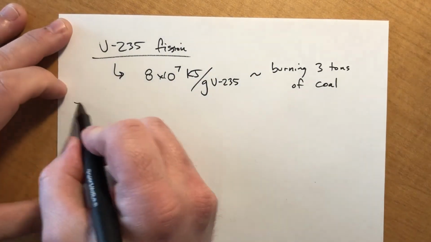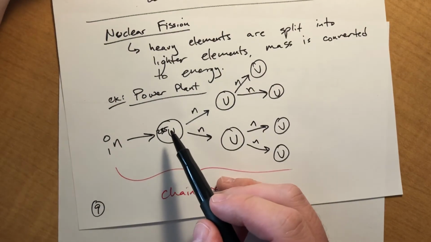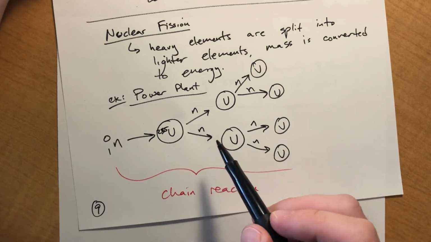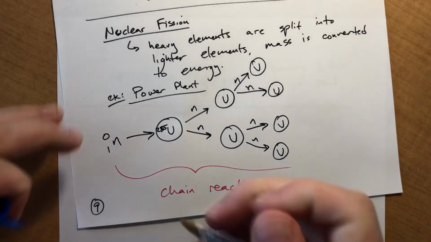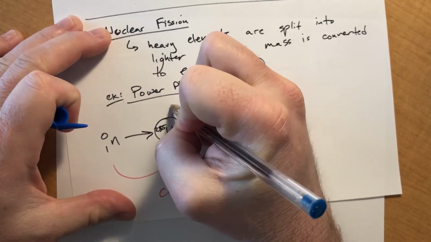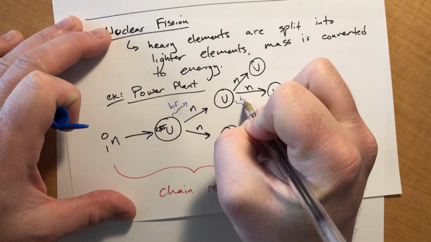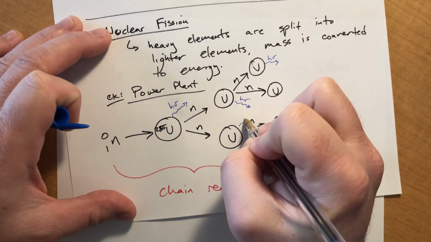The way this process works implies that you can't just have one uranium atom. Yes, you get energy out of that, but let's add this on here. One of the other things you get is energy, and so on and so forth.